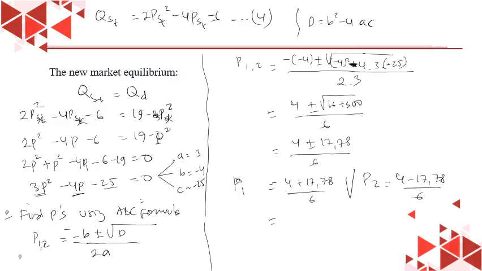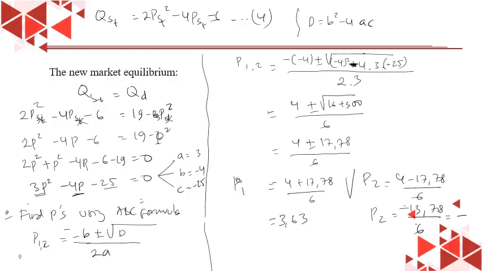So this gives you, let me see, 4 plus 17.78, 21.78 over 6, which is 3.63. And this one, p2, is 4 minus 17.78 over 6. This will give you minus something.